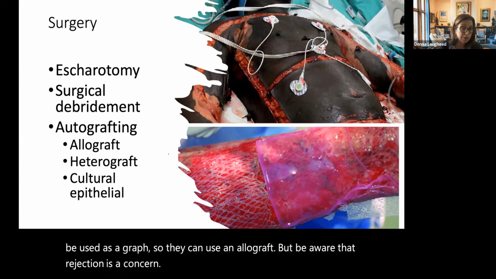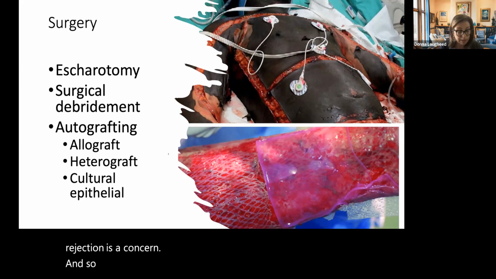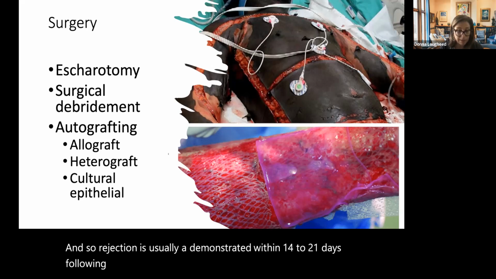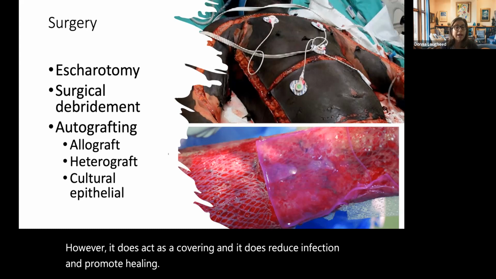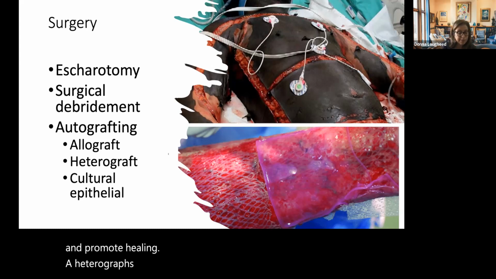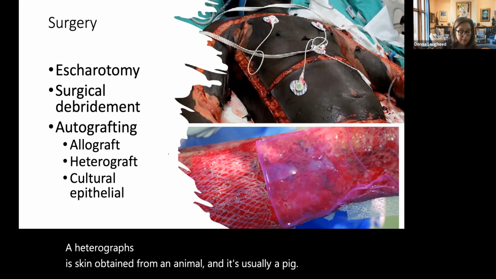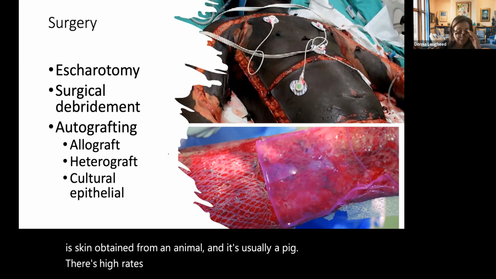Rejection is usually demonstrated within 14 to 21 days following application. However, it does act as a covering and it does reduce infection and promote healing. A heterograft is skin obtained from an animal and it's usually a pig. There's high rates of infection with this type of graft.